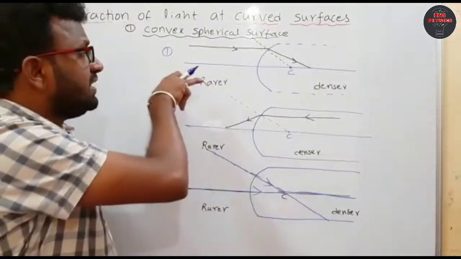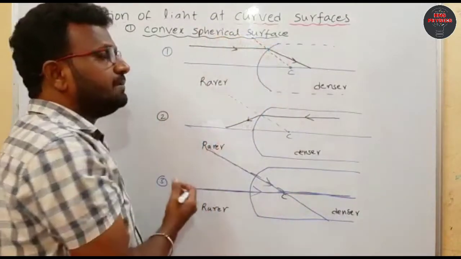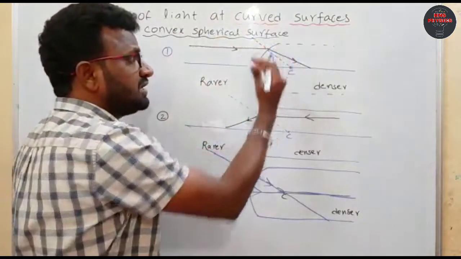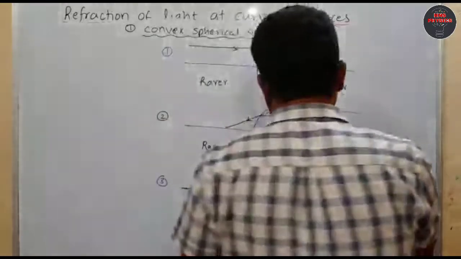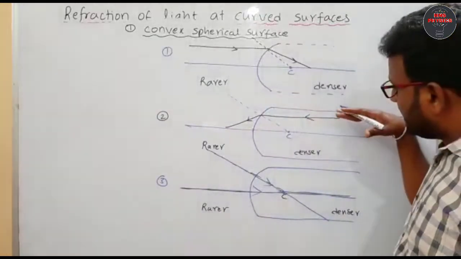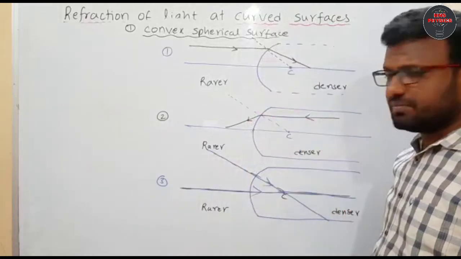So what is the first one? When a ray of light travels from rarer medium to denser medium, the ray bends towards the normal. Next, in the second case, when a ray of light travels from denser medium to rarer medium, the ray bends away from the normal.